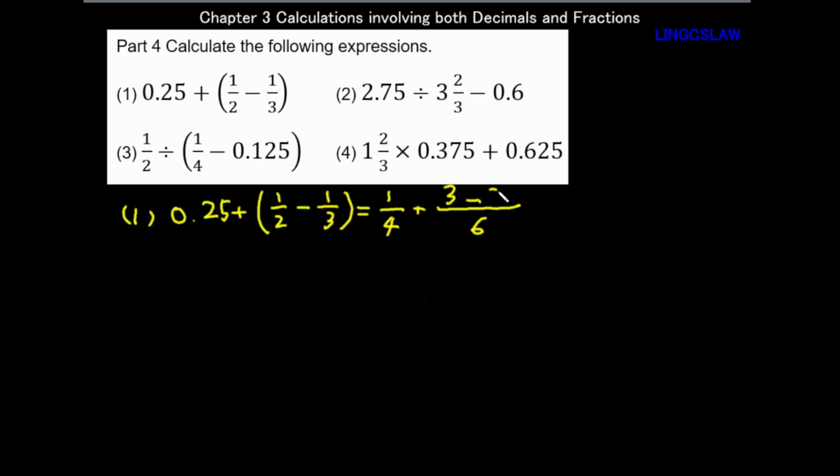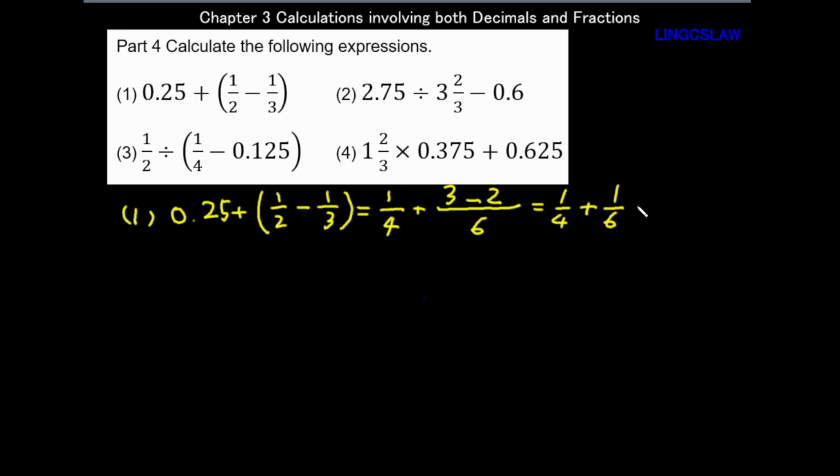Part 4. Again, calculate the following expressions. Number 1. 0.25 plus 1/2 minus 1/3 equals 1/4 plus denominator 6 and 3 minus 2 equals 1 over 6.